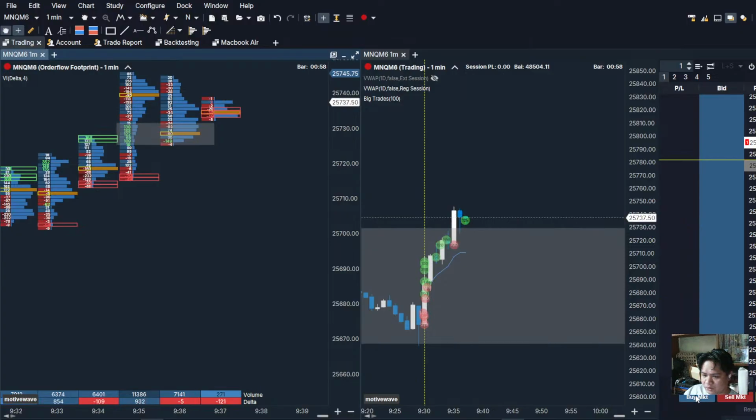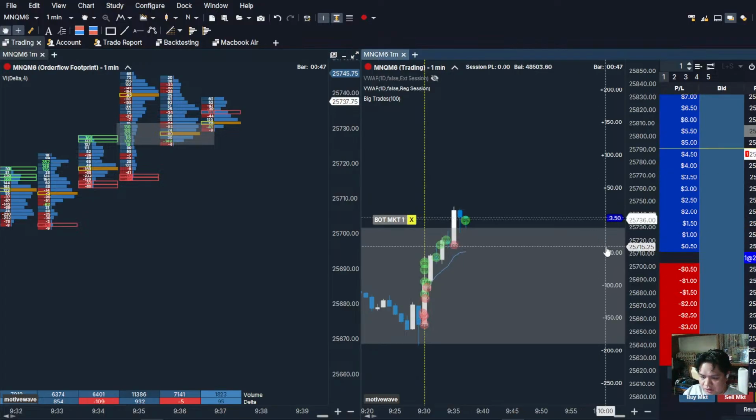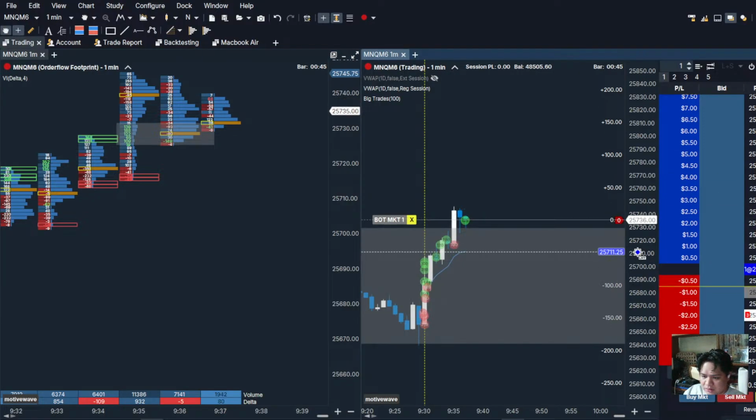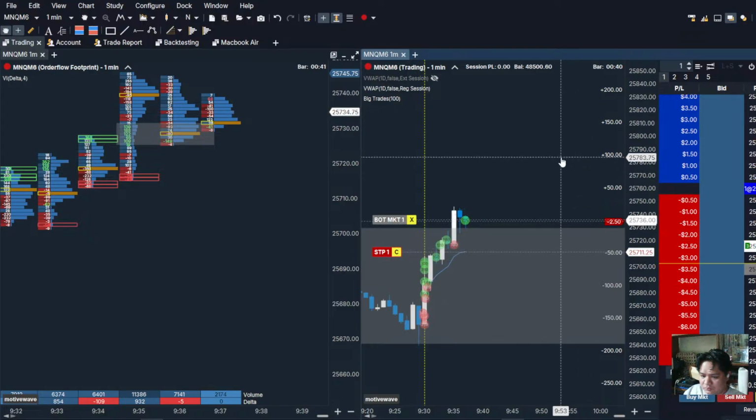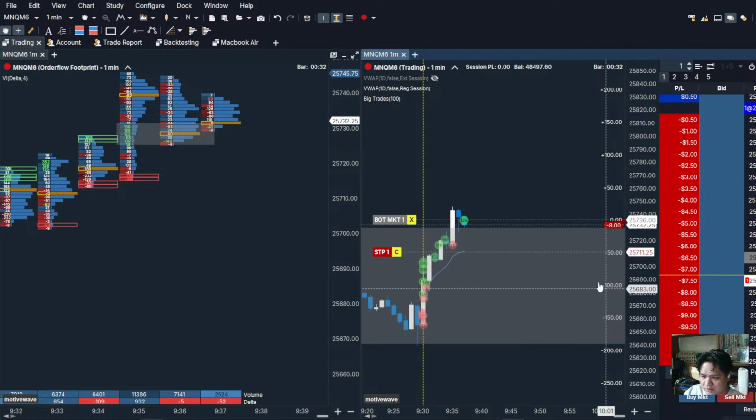So now I'm more than happy to take a buy here. Yeah, let's take a buy here. We'll put our stop loss behind this, and there, just one. Oh gosh, that's not the level that I want to see.